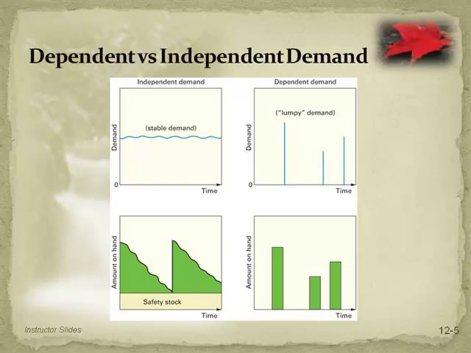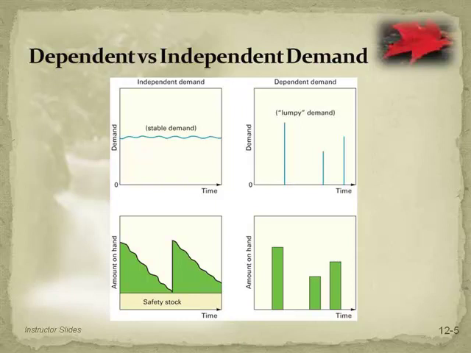Now, the reason why these two types of demands are important is shown in this slide here. Independent demand tends to be fairly stable. Your textbook refers to it as fairly stable. In other words, over time, it might not change dramatically.